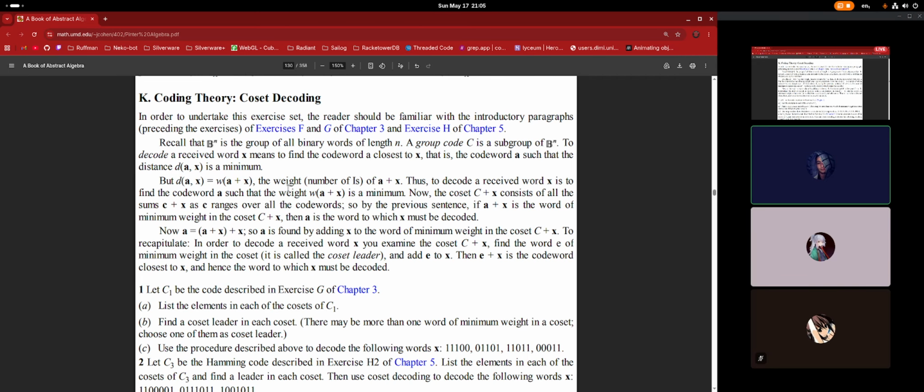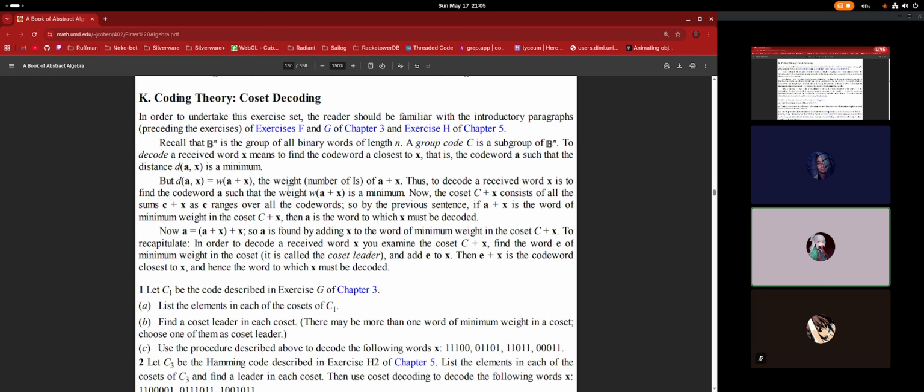What is A and what is X in this context? I forgot. Well, in this case, X is an arbitrary binary word, which is what we want to decode, which is not necessarily part of the subgroup that we care about.